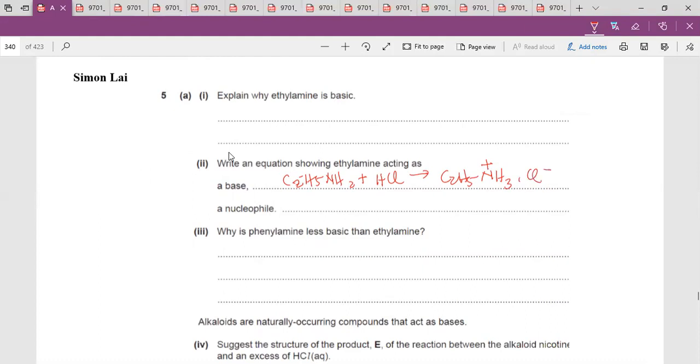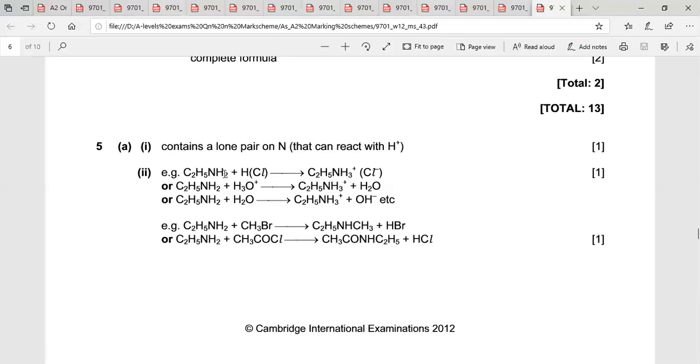Or you can put water. Now let's look at the marking scheme. Yes, you can put water. You can even put hydroxide ion.